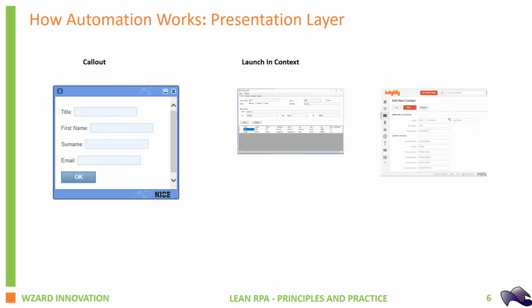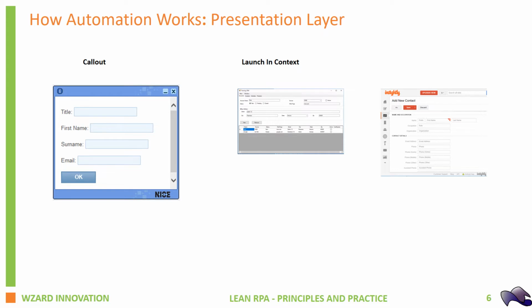We'll now move on to look at the presentation layer within NICE. Within NICE, there are two different concepts that fall into the presentation layer. The first is the concept of callouts. This is similar to the custom dialog we looked at before, something you build to interact with your end user. There's a second type of information that's stored in the presentation layer, and these are called launch in context items.